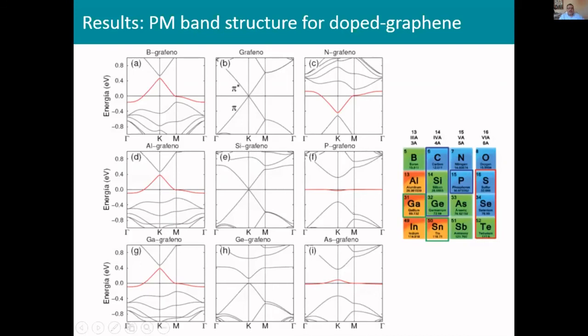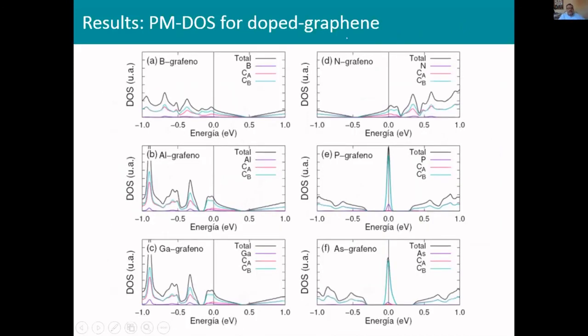But we call our attention to these 2 systems. We can see very flat bands introduced by the impurity, and a very large gap between these bands. So from the perspective of the Stoner model, these flat bands produce very sharp peaks in the density of states, contrasting with the other systems where we have an important value of the density of states, but the peak is not so high and is not very sharp.